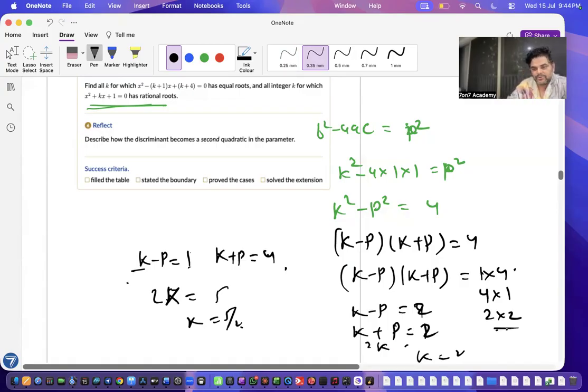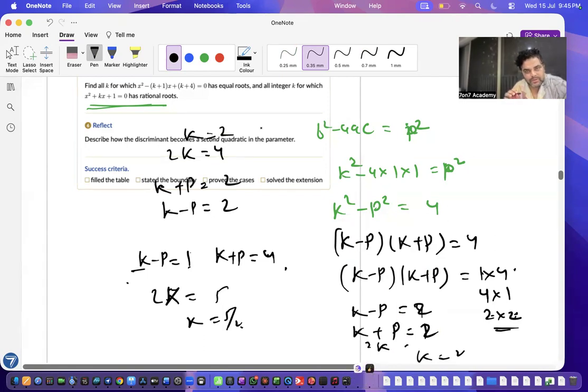But this would give a solution when both have the same parity. So k minus p would give 2 and k plus p would give 2. If you add, 2k is equal to 4, so k is equal to 2. That would give you one solution, k is equal to 2.